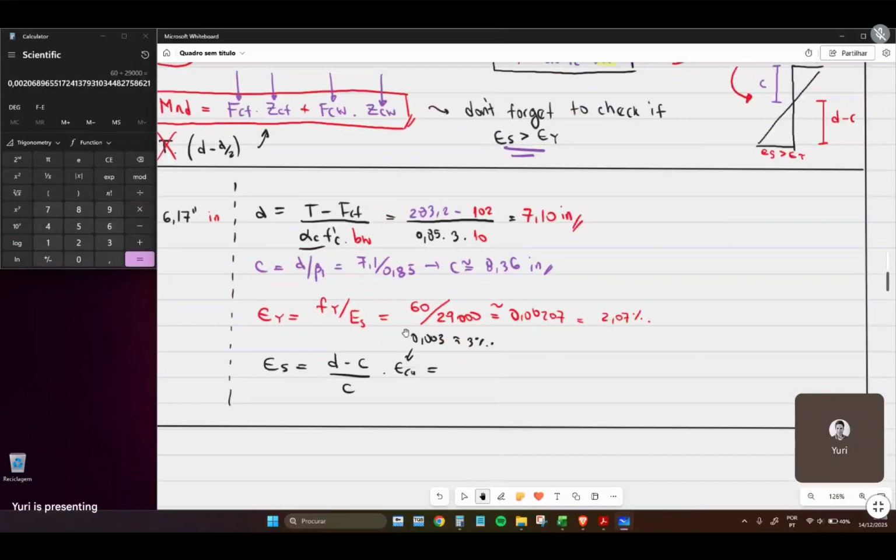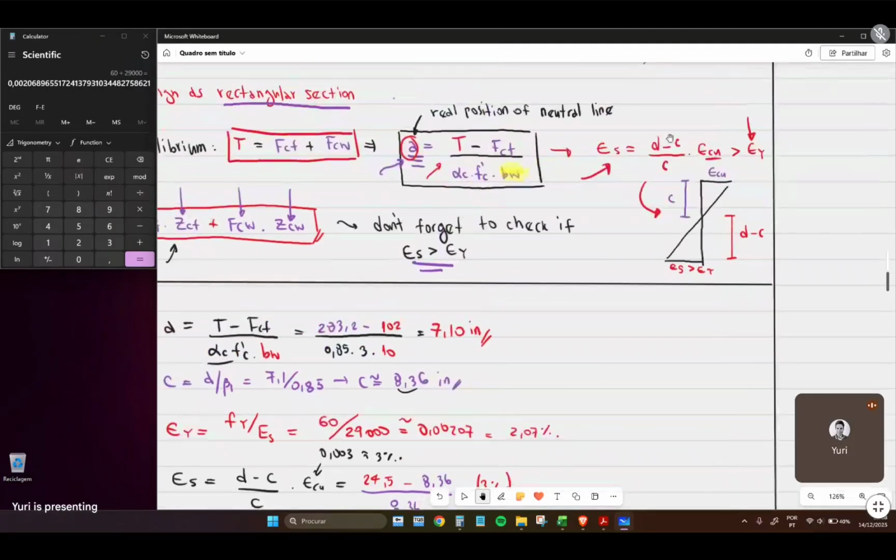So 24.5 minus c, all this divided by 8.36, times 3 over 1,000. Let me just see if I got it, yeah, it's right.